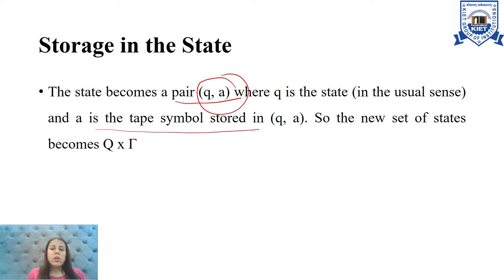So now the machine is modified so that the states become Q cross tau. Tau is the set of tape symbols and Q is the set of states. So any state can be combined with any tape symbol. So we now have the combinations of the set of states and the set of tape symbols.